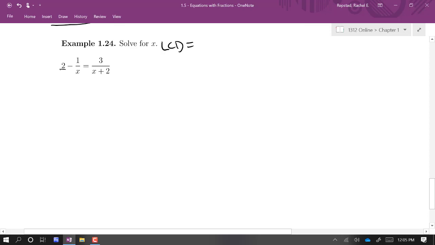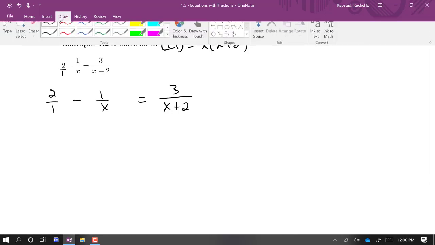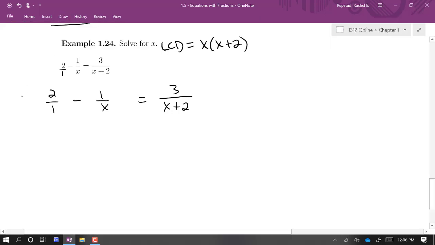So this 2 is a 2 over 1, so we don't have to pick up any factors there, but we need a factor of x, we need a factor of x plus 2. I always rewrite the equation leaving myself some space because I know I need to be able to write out that I'm multiplying by that LCD.